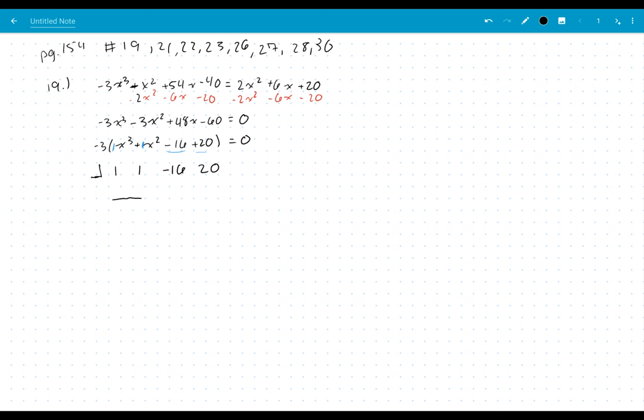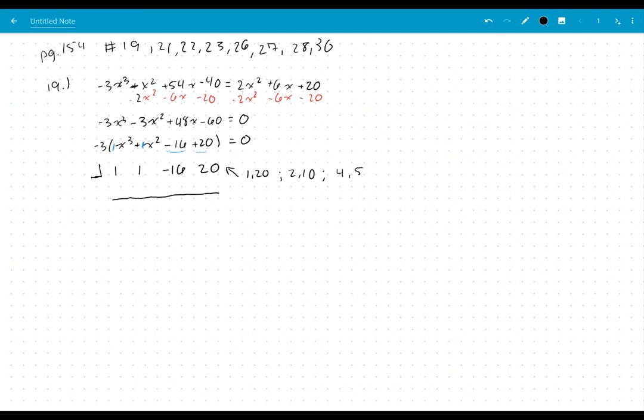All right. So we have to find what can possibly synthetically divide this, the rational numbers. And we can do that by saying, we have 20 here, and the things that multiply to 20 are 1 and 20, 2 and 10, and 4 and 5. Probably we're going to have to use 4 or 5, because we have a cubic equation.